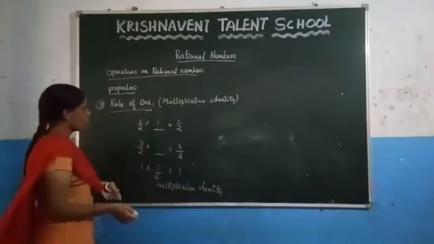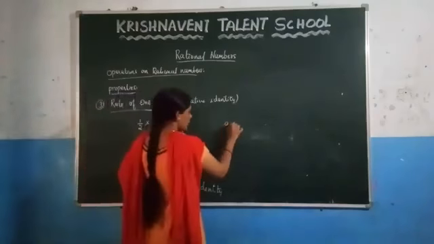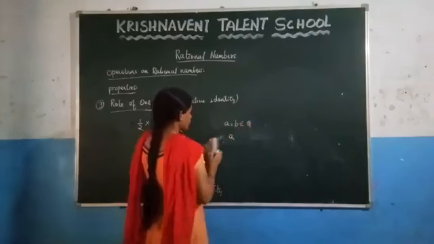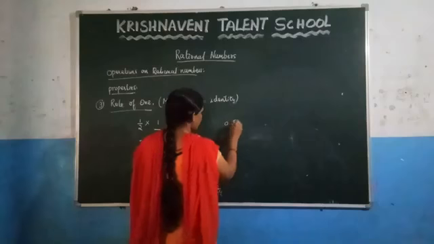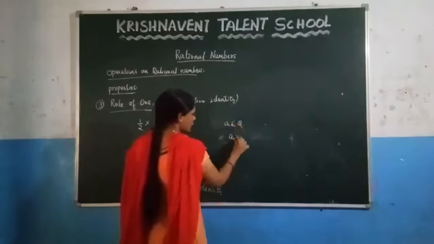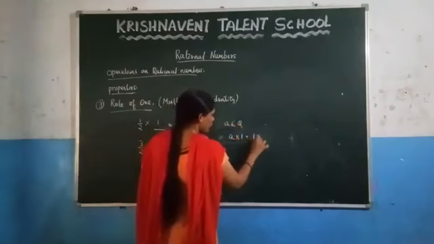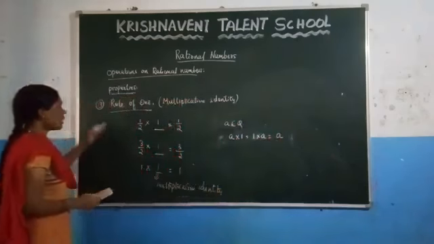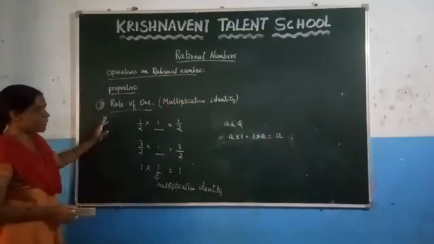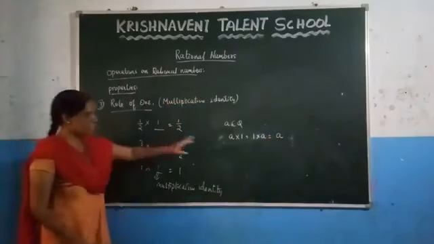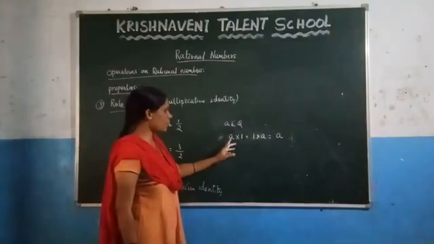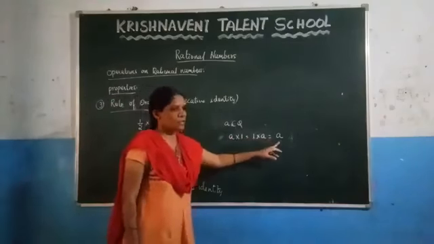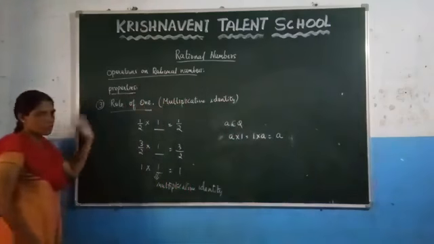So how do we define it? If you consider a rational number a, then a into 1 is equal to 1 into a, which is always equal to a. The role of 1, or multiplicative identity, says if you multiply any rational number with 1, you get the same number. That property we call the role of 1.